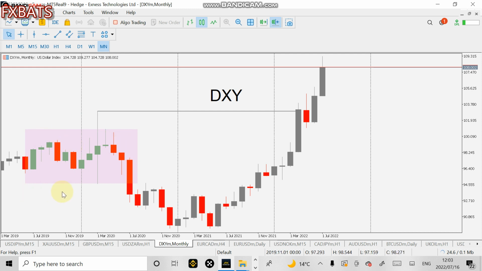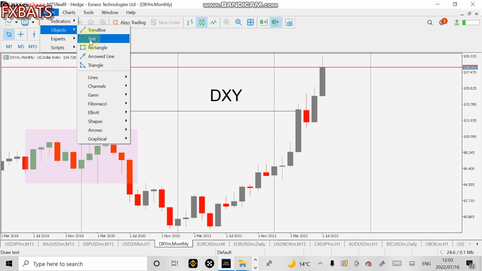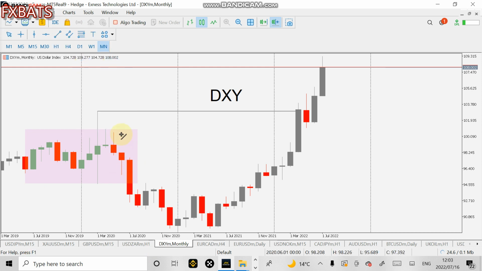Accumulation of orders or contracts really means a collection of contracts from both the buyers and the sellers, to create enough liquidity to move the market down. You saw what happened to the DXY index in 2020. We saw the distribution and we saw the markdown, the breakdown.